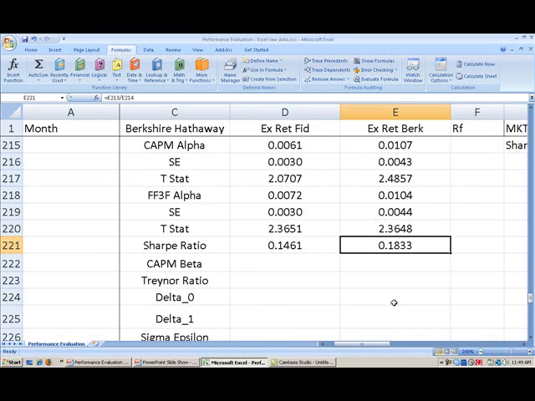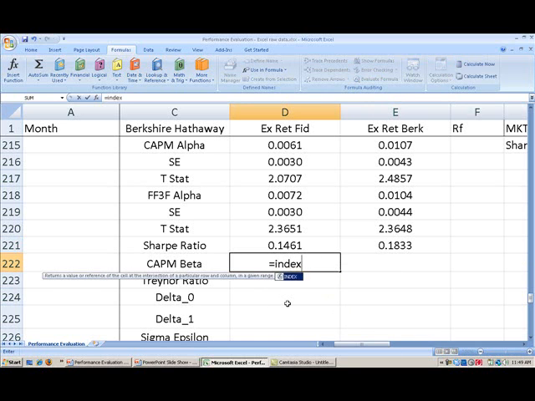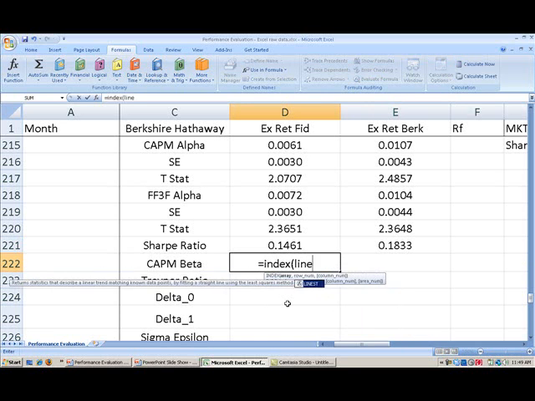How do these funds compare in terms of the Treynor ratio? To calculate the Treynor ratio, we need to calculate the betas for each of these funds. We can do that again using LINEST. This time we need to look at the raw returns.